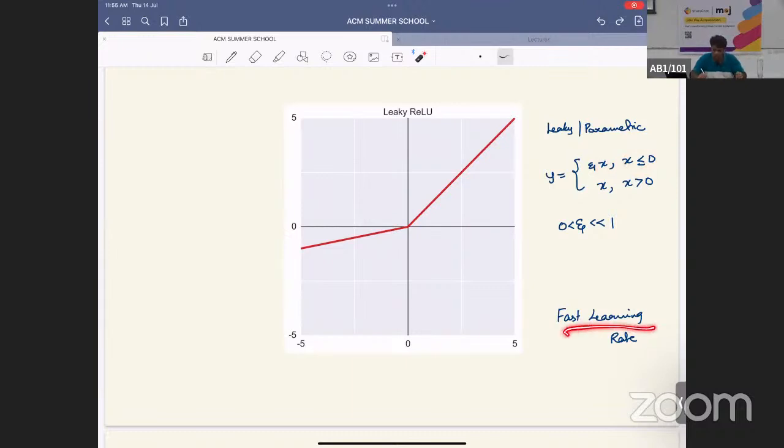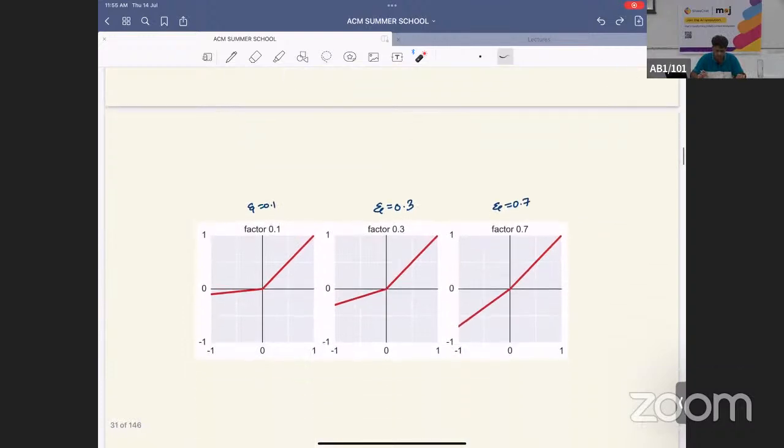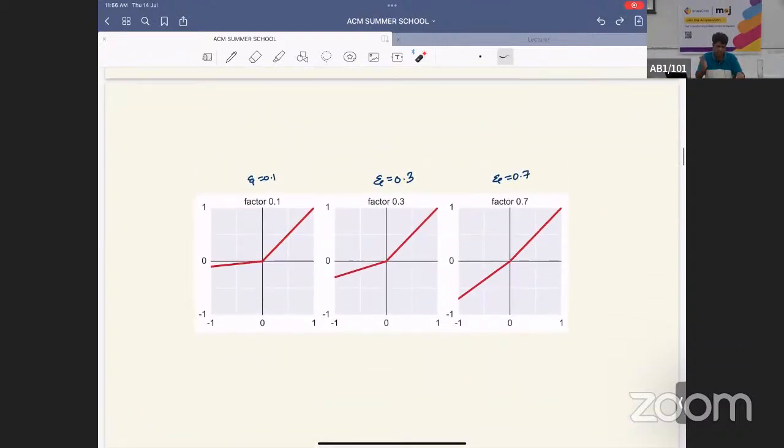So this leads to some faster learning rate compared to the ReLU activation. And you can see the choice of this eta, 0.1 or 0.3 or 0.7. You can see that 0.1 clamps down the negative values too much.